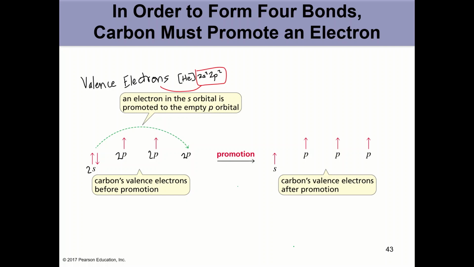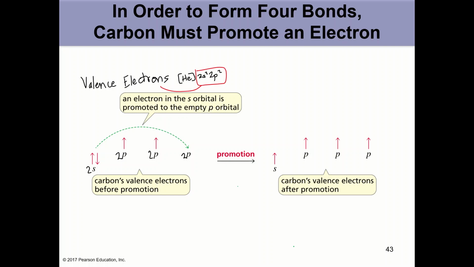So when carbon goes to make a bond, it actually has to distribute one of the s electrons into a p orbital. And so it gets promoted, and then we have 1 electron each in s, p, p, p. So we have 4 orbitals, each with 1 electron.